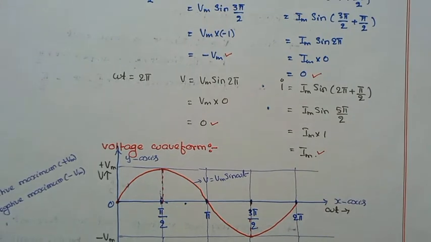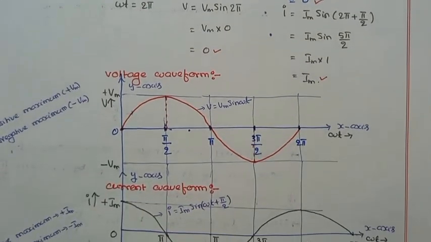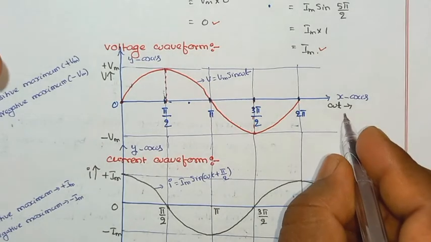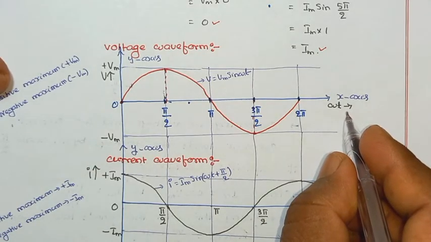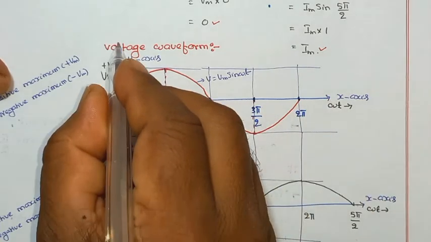Now we will draw the voltage waveform and current waveform. Okay? So taking omega t along the x-axis and instantaneous voltage along the y-axis. So this is the x-axis and this is the y-axis.